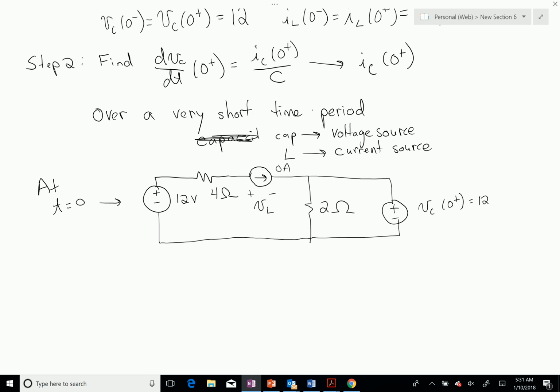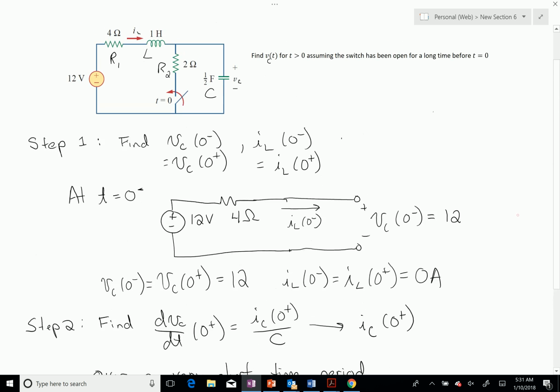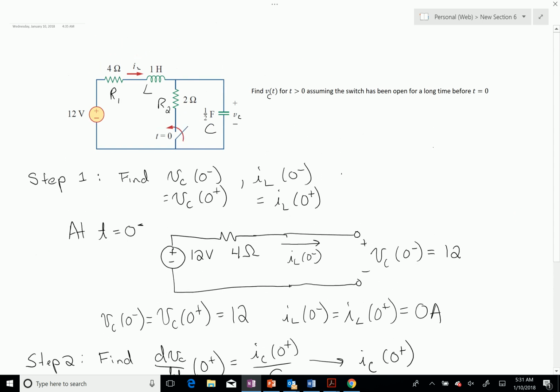All right, now, a couple of things that I got to remember. If I'm talking about I sub C, I need to think about directionality on that current. That's something we didn't really define at the beginning, but I should define it now. I'm going to call that IC. I need to define that now because I'm going to make an important statement here. At the beginning of the problem, you define the directions of the currents and the voltages, and that does not change as you go through the problem.